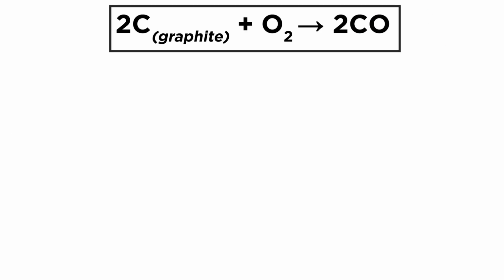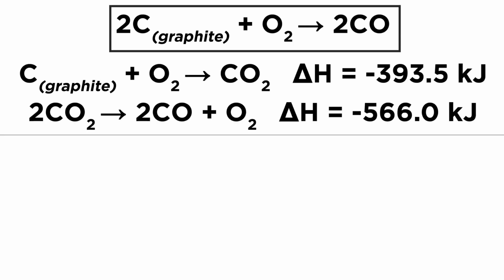Here's what I mean. Let's say we want to know about the change in enthalpy associated with a reaction, like this one. But it is difficult to measure experimentally. We can take other reactions with known enthalpy changes and rearrange them to align with our equation and get the data we want. The first reaction provided has carbon graphite on the left, which is where we want it.